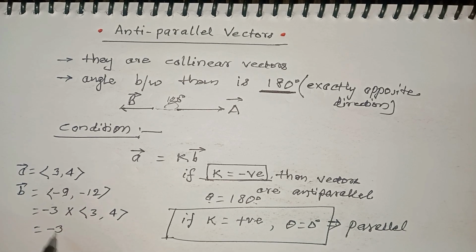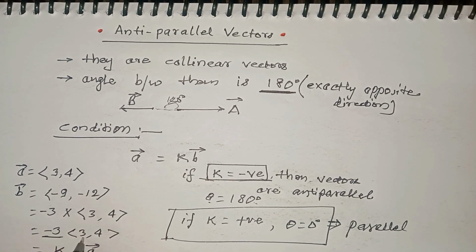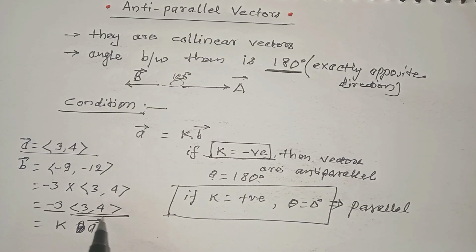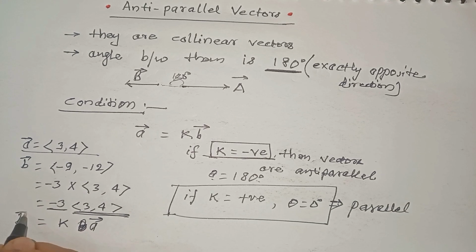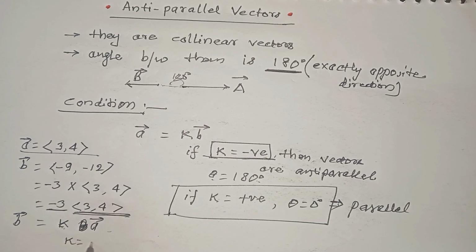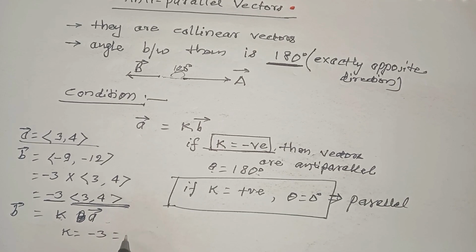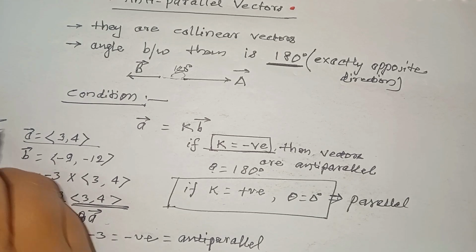Here we see this minus 3 is like k, and for 3 and 4 we put directly vector A. Then B became equal to k times vector A, and here k is equal to minus 3, that is negative. So it is anti-parallel. This is one example.